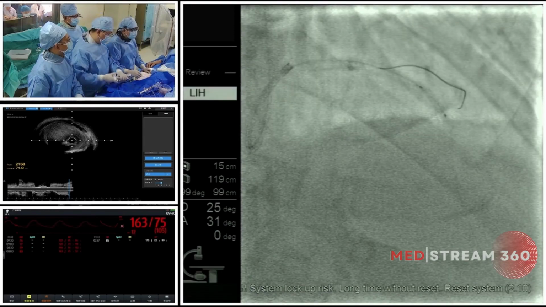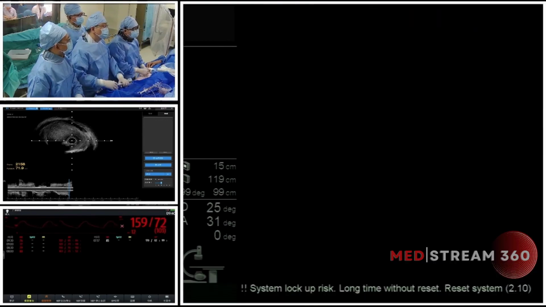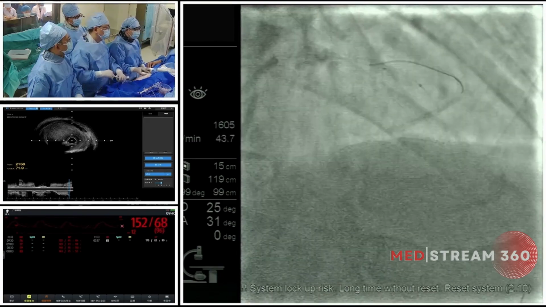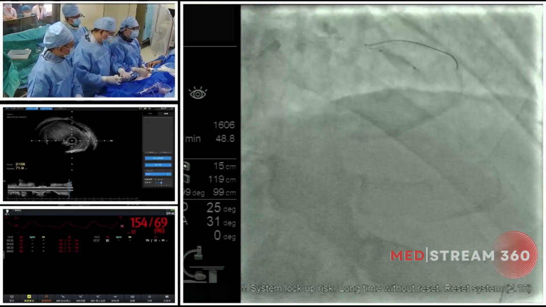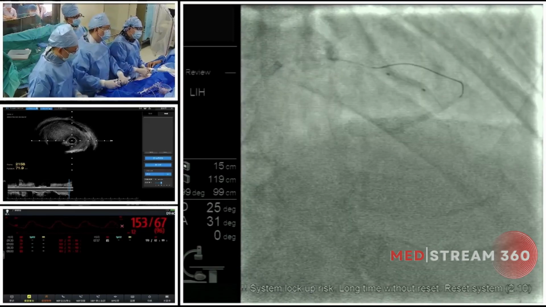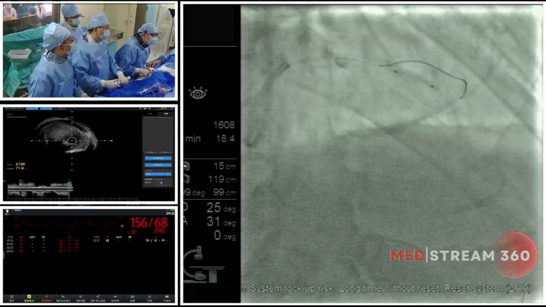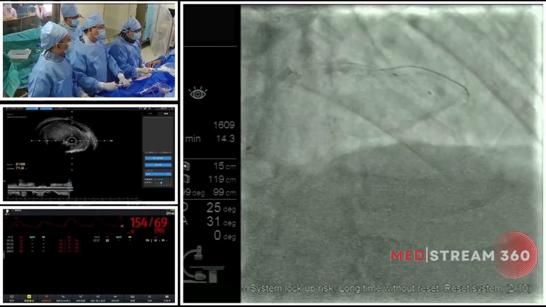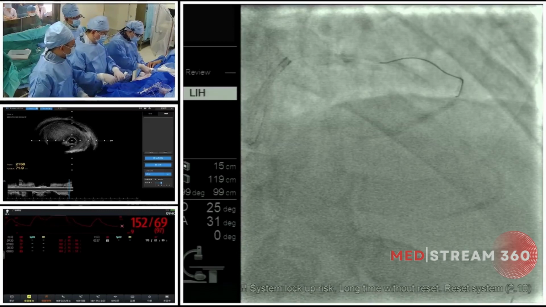For this patient, the pre-treatment involves a combination of different techniques. Rotational atherectomy first, and then IVL and NC post-dilatation. After all those techniques, I think we have created enough room. Now it's a good time to put in the stents.